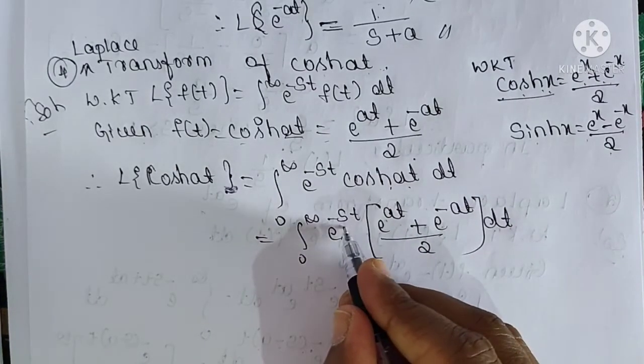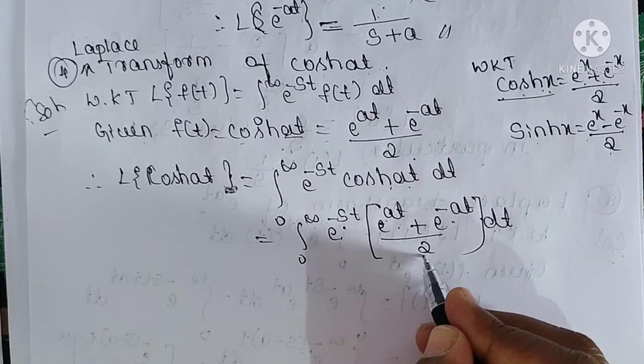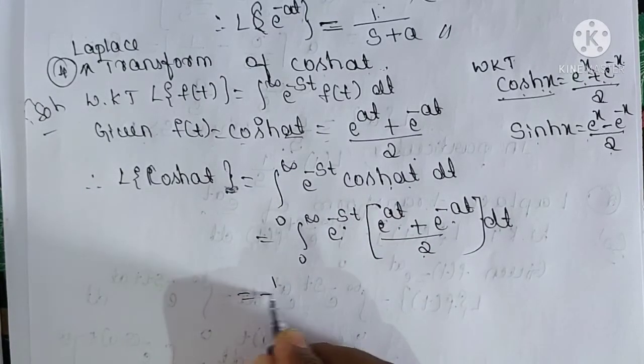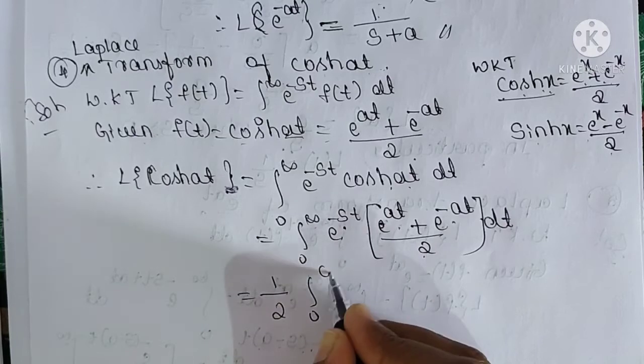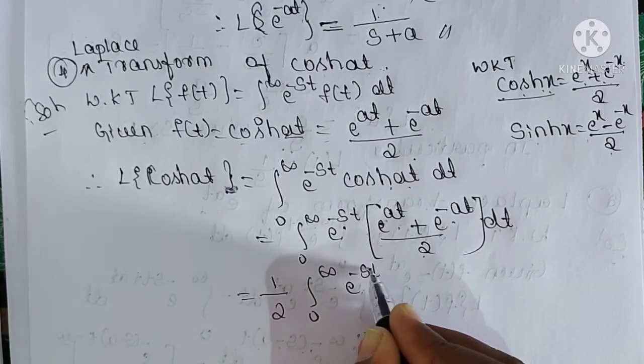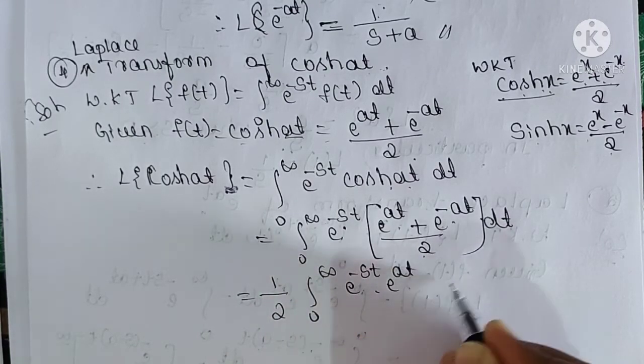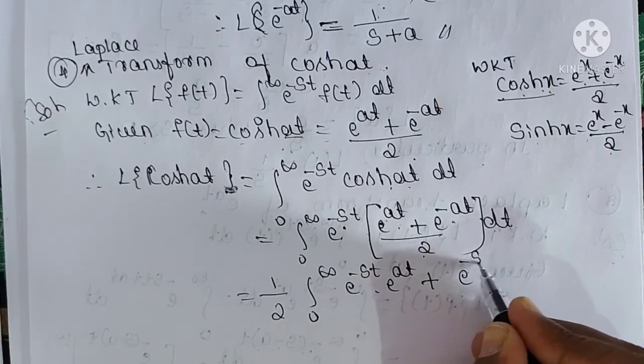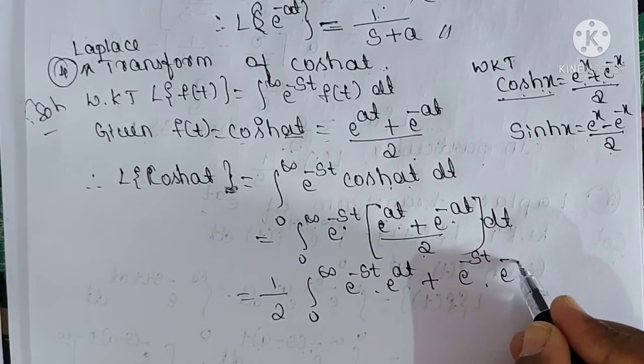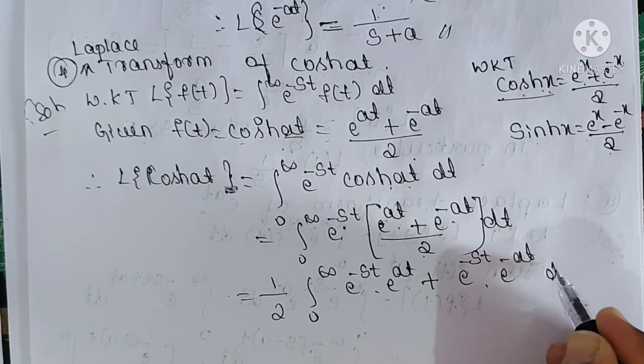Now multiply e power minus st with the 2 terms, and 2 is constant, you take it out. 1 by 2, integral from 0 to infinity of e power minus st e power at plus e power minus st e to the power of minus at dt.